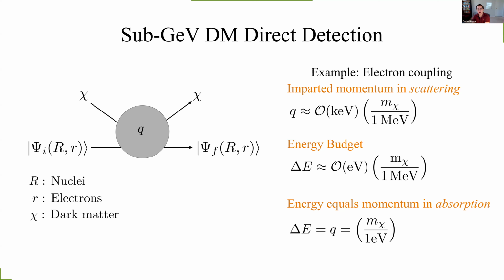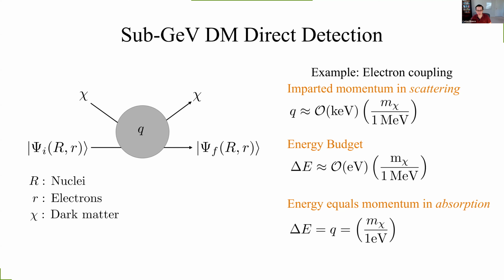As far as the imparted momentum goes, for dark matter that's an MeV, so 1,000 times lighter than a proton, the momentum that's available to you to exchange with something like an electron is of order keV. Okay, but the energy budget now shrinks. It now becomes of order eV.